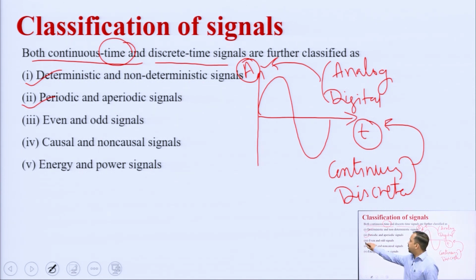The next classification is based on the even and odd part, whether the signal is an even signal or an odd signal. We will see causal and non-causal signals, and finally the energy and power signals. First we will start with deterministic and random signals.